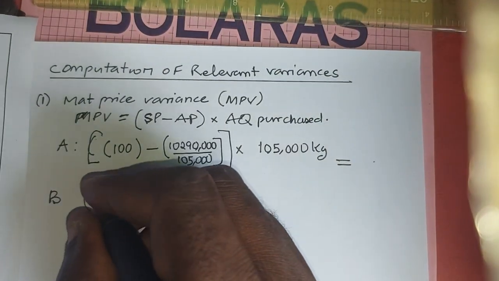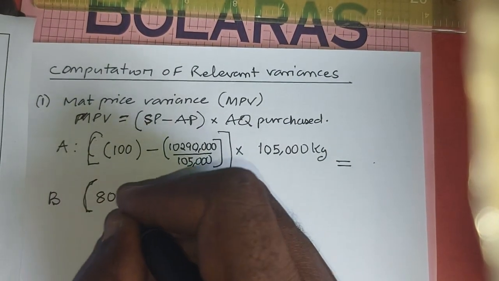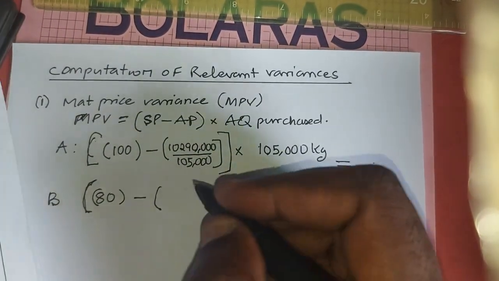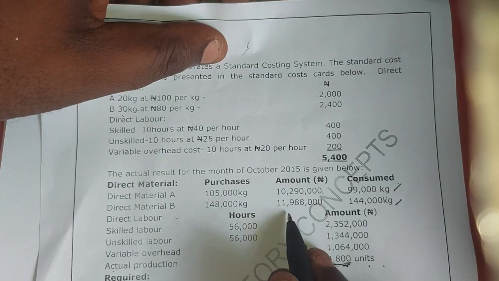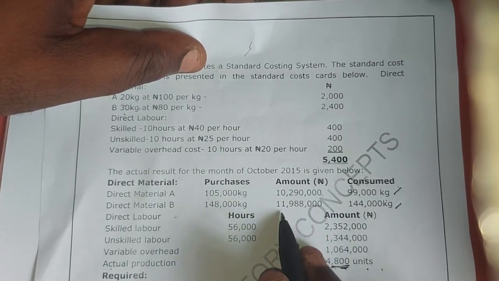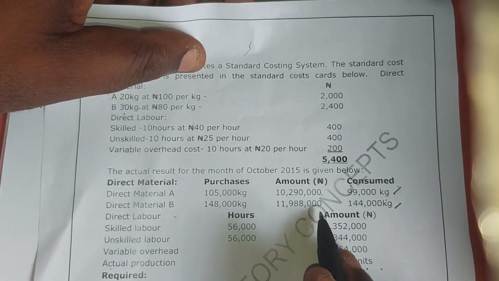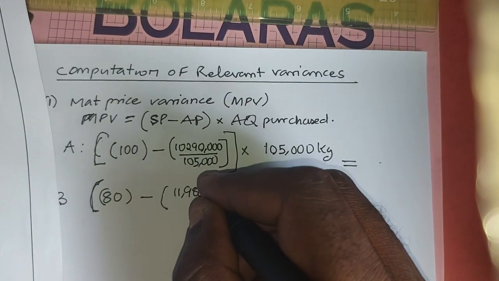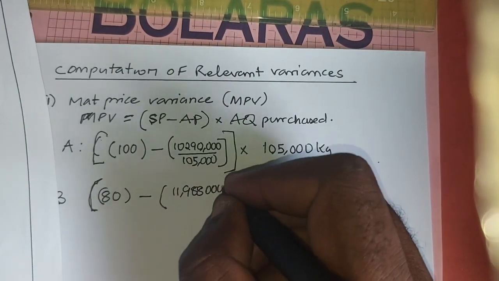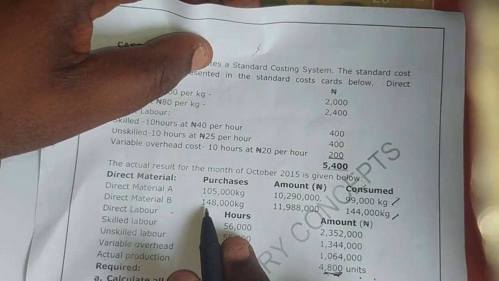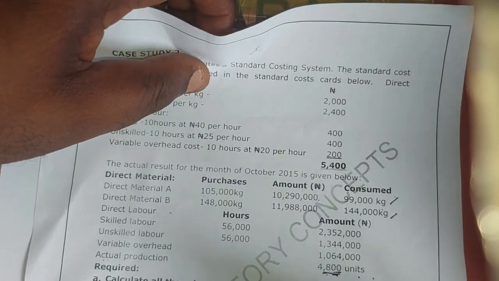So my standard price is 80 in small brackets minus, open brackets, the value of material purchased, 11,988,000, all over the quantity purchased, which is 148,000 kilograms.